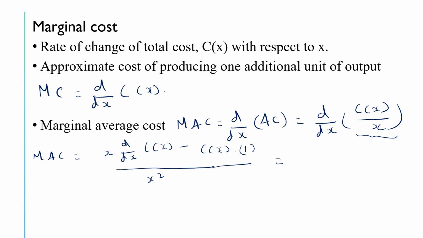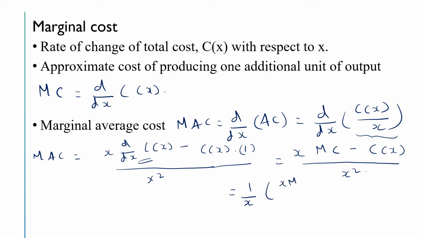So this is equal to, now d by dx of C of x is nothing but the marginal cost. So it is equal to x into marginal cost minus C of x divided by x square, or this is equal to 1 by x into, here x into marginal cost by x, these two will go, minus C of x by x.